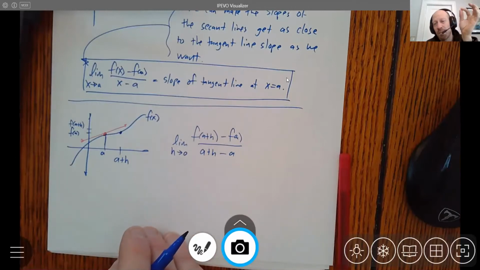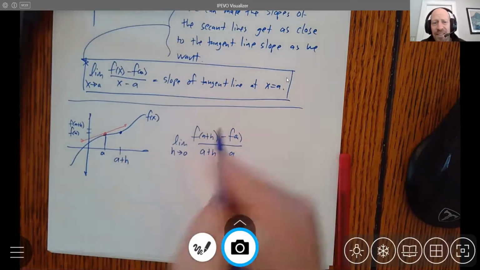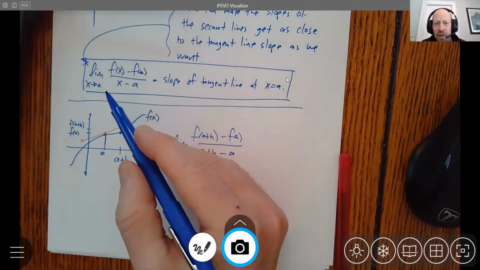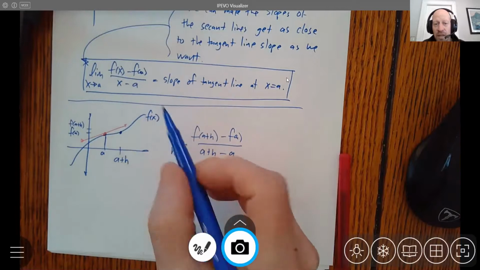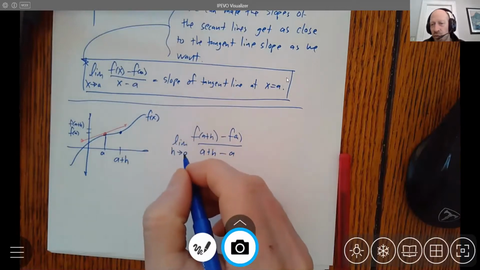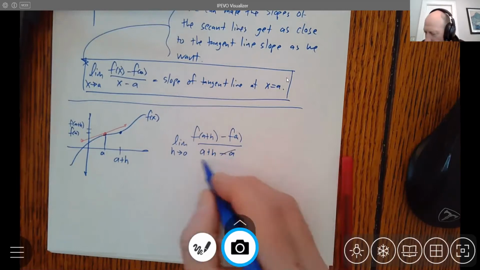And that's really the big advantage of setting it up this way, or one of the advantages, is that it's a limit where the variable is going towards 0. That's nicer than having the limit go towards some number like 2 or 17 or something like that. This one always goes towards 0. And it simplifies a little bit here, right?